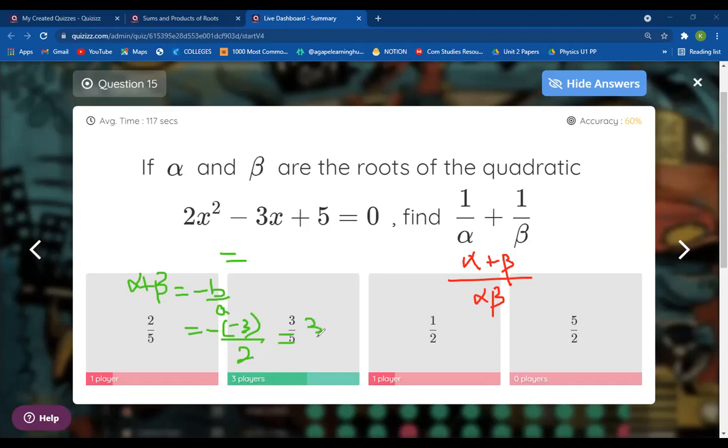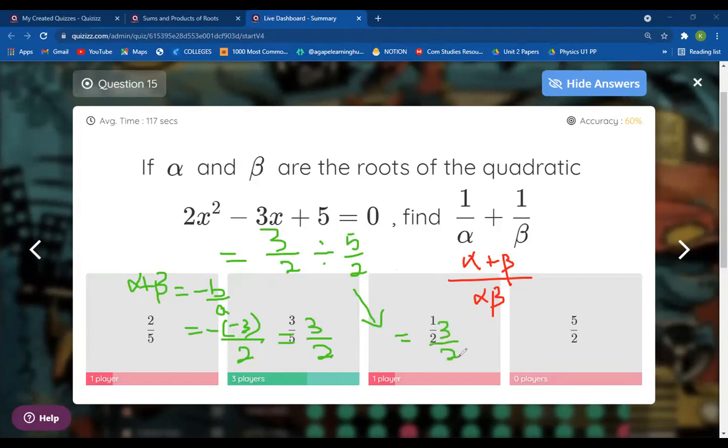A minus and a minus is a plus, so that's 3 on 2. So 3 on 2 divided by alpha beta. We just found out that was 5 on 2. When dividing by a fraction, you multiply by the reciprocal.